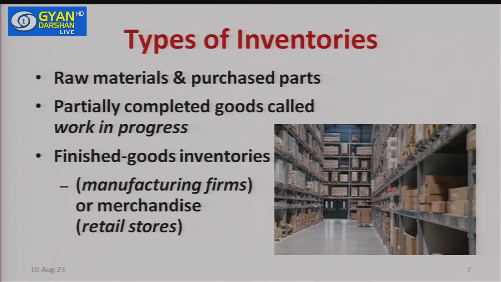The second type of inventory is work in process inventory, or partially completed goods inventory. This type of inventory consists of those items which are not raw material but also not as completed as a finished product.